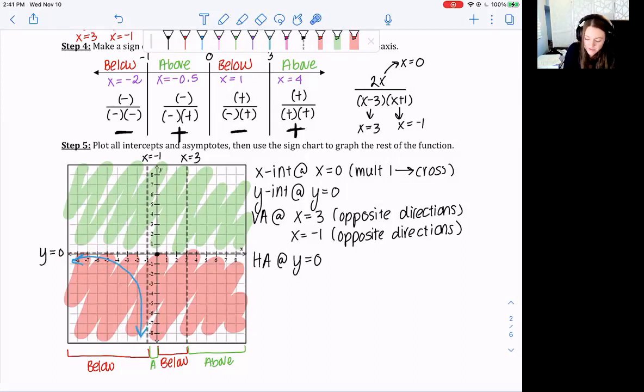Now, there are two ways for me to figure out what's going on the other side. I know that I'm supposed to be above the x-axis in this little range right here. But additionally, I know that at -1, I'm supposed to be going opposite directions on either side of the asymptote. So if I'm going down here, I have to be going up in this direction.